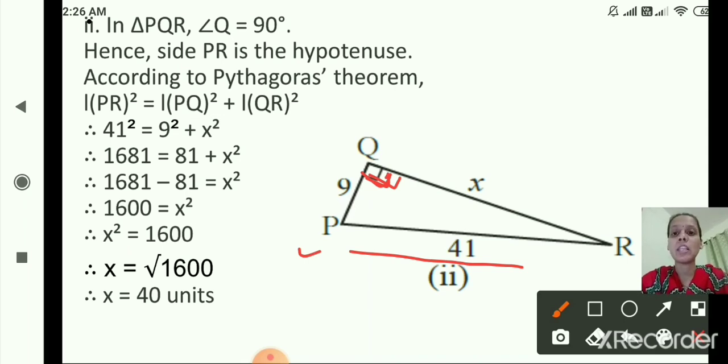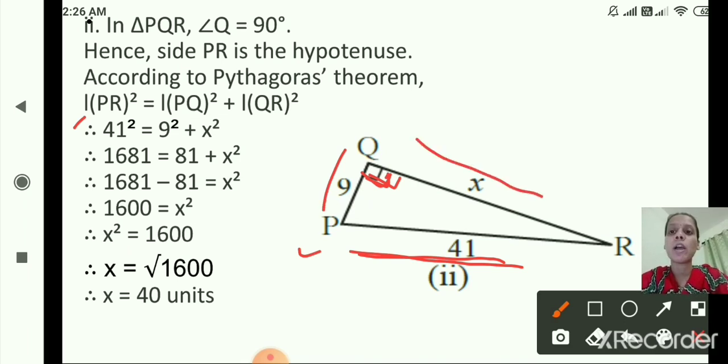Hypotenuse square is equal to base square plus height square. So PR square, this is hypotenuse square, is equal to PQ square plus QR square, or you can write QR square plus PQ square, that is also correct.